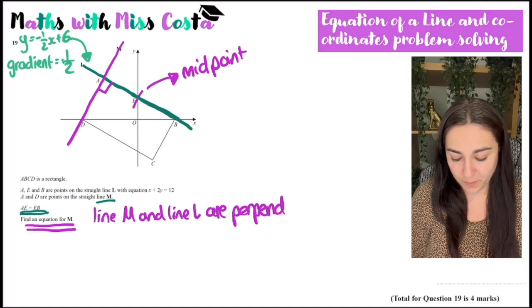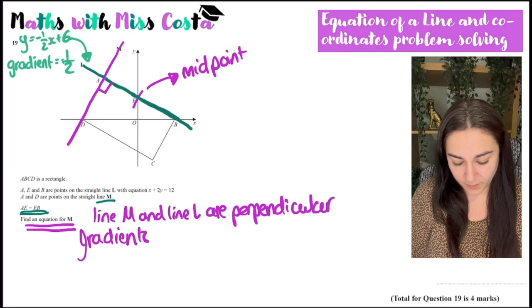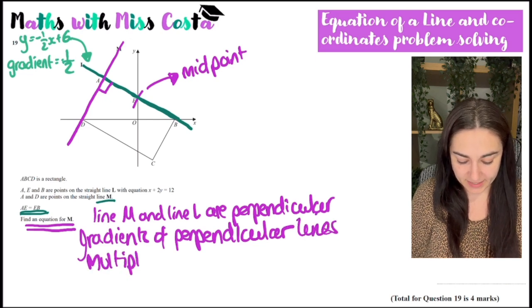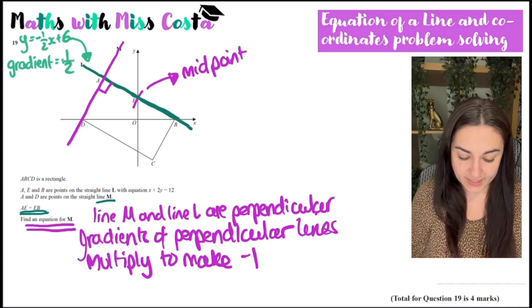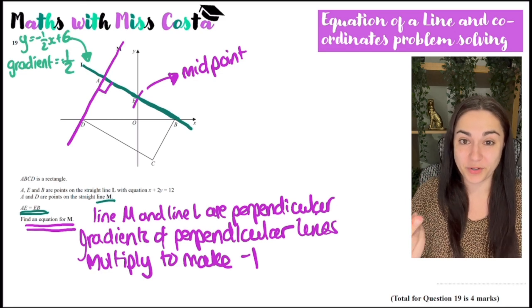And what do you know about perpendicular gradients? Hopefully you know that the gradients of perpendicular lines multiply to make -1. Either you know that, or you know that they are the negative reciprocal of each other.